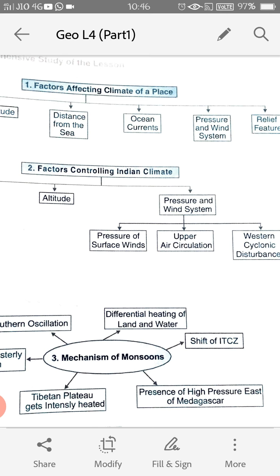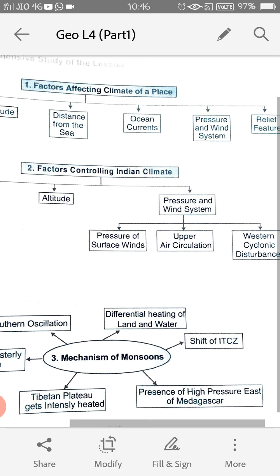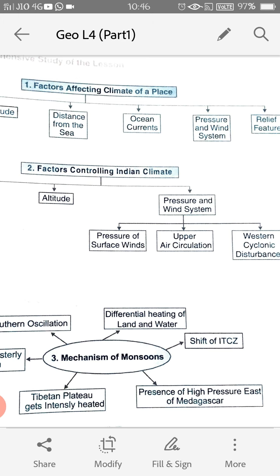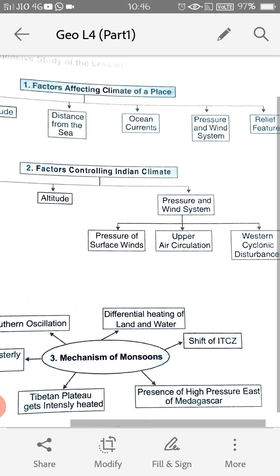It completely depends upon the currents flowing past it. Currents are again a form of wind, flowing through the oceans. If the current is colder, the place will experience cold temperatures, and if it is hot, then there will be warmth.